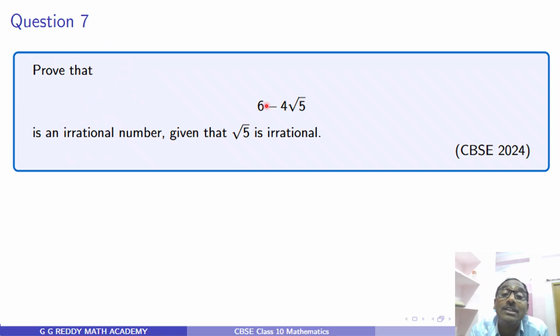Prove that 6 minus 4 root 5 is an irrational number, given that root 5 is an irrational number. So what will you assume? You will assume that it is a rational number and bring a contradiction to your assumption. Step by step write clearly.